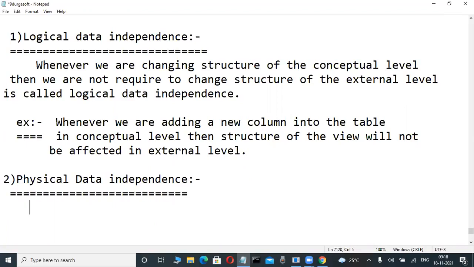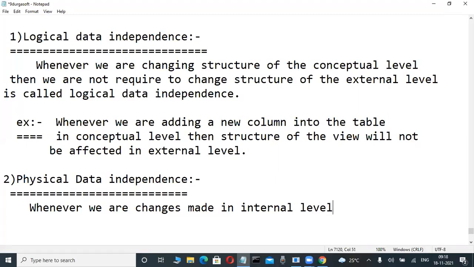Whenever changes are made in the internal level, then we are not required to change the structure of the conceptual level.